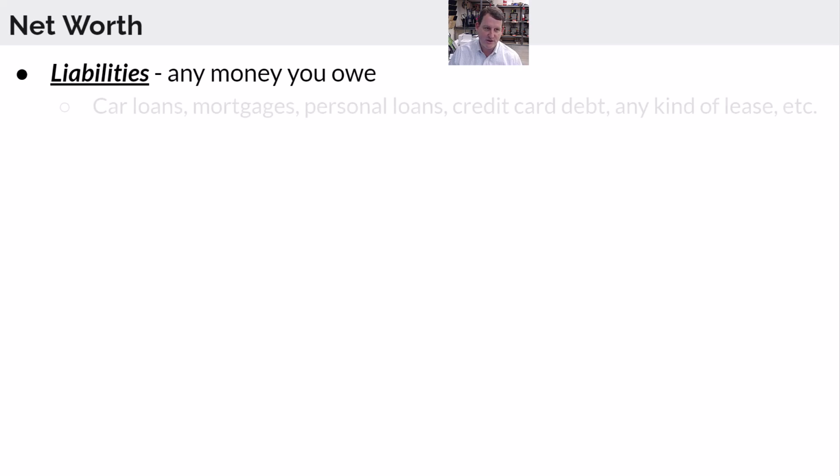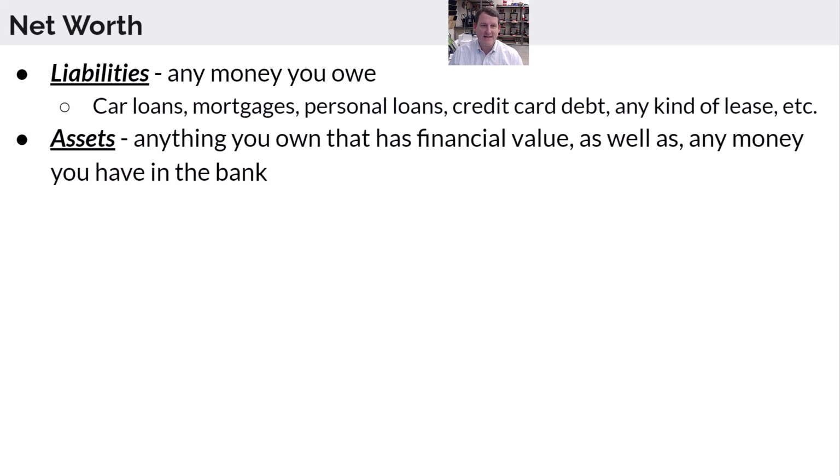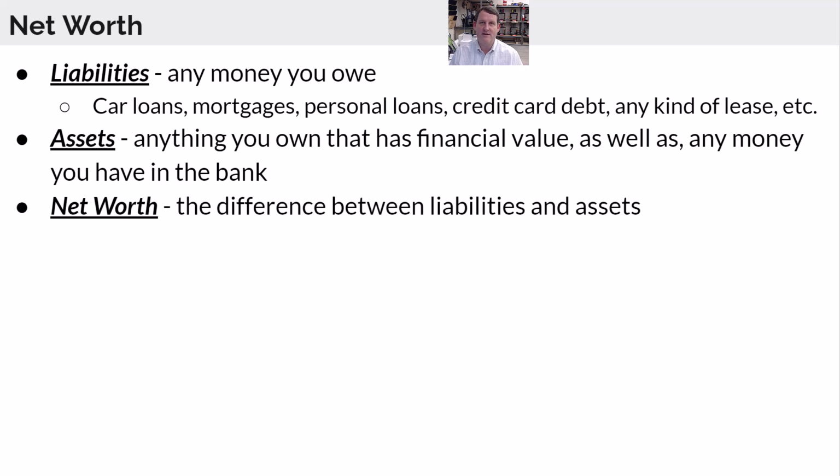It works against you. Assets are anything you own that has monetary value that you could sell on the open market, as well as any money that you have in the bank, things like cars and houses, retirement accounts, anything that has value.